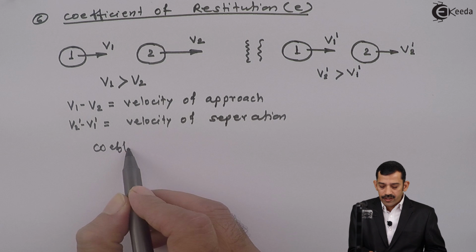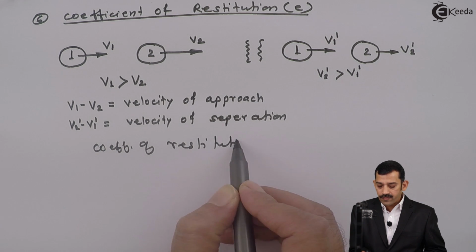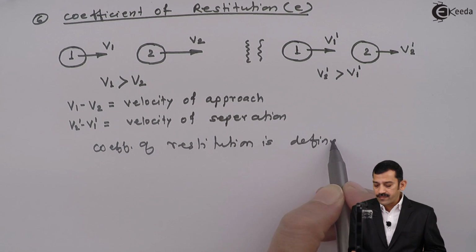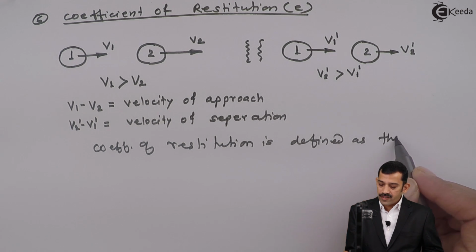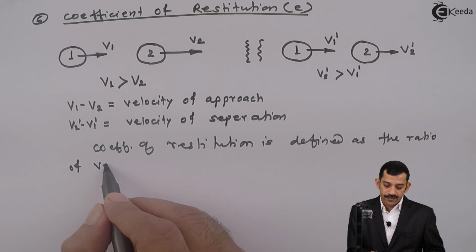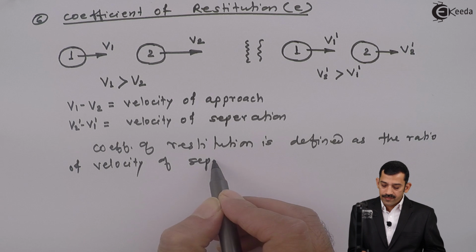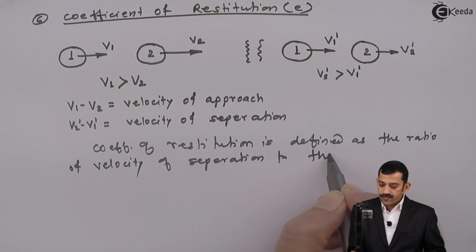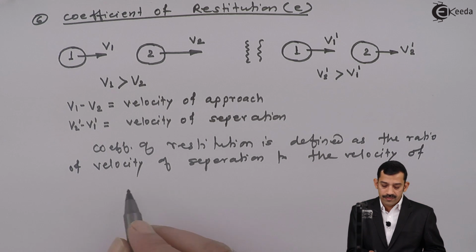How will we define this term? The coefficient of restitution is defined as the ratio of velocity of separation to the velocity of approach.